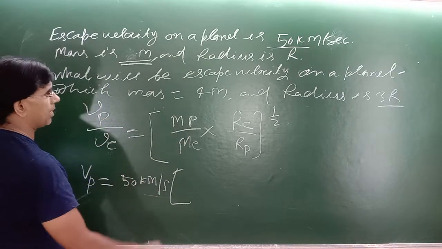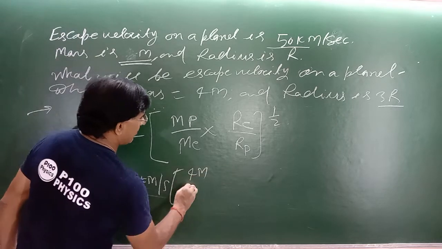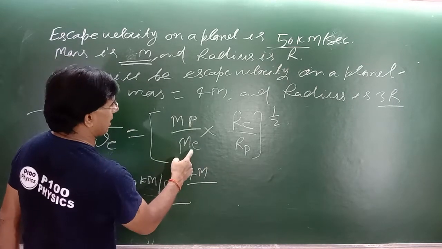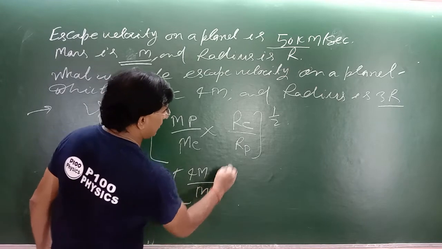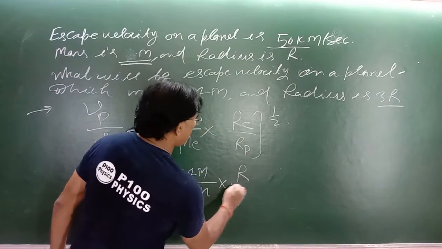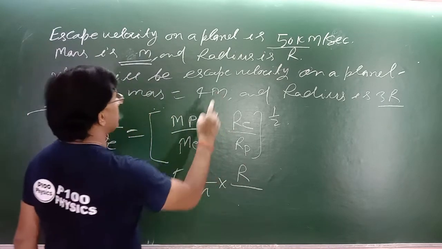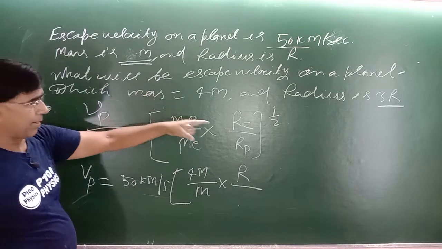Mp, mass of the planet, 4m upon mass of the Earth, that is m, into Re. Radius becomes r. Then Rp of that planet is 3r.